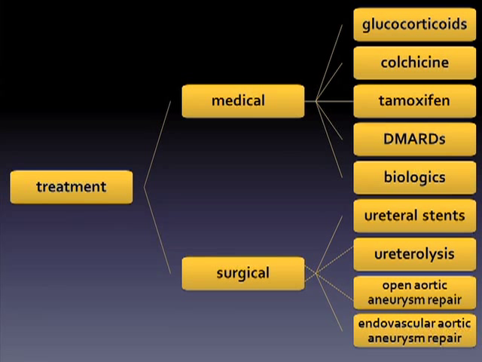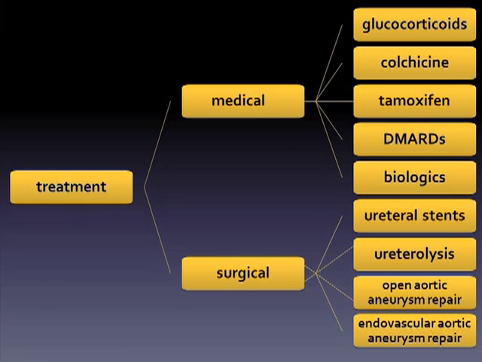In some cases, ureterolysis solves the problem by diverting the ureter from the compressive mass. And I'm also going to talk briefly about the utility and the impact of surgery for aortic aneurysm in these patients. The medical treatment: glucocorticoids, colchicine, tamoxifen, DMARDs, and biologics. Sounds impressive, but it's actually very thin.